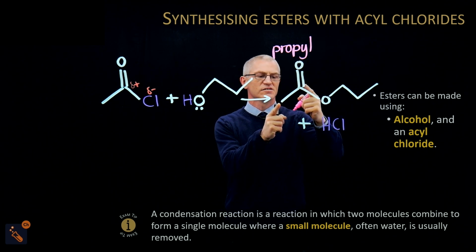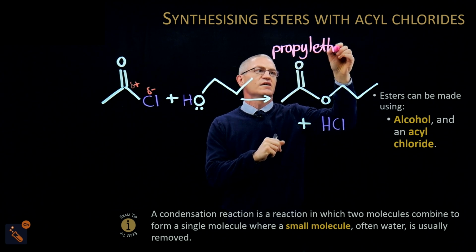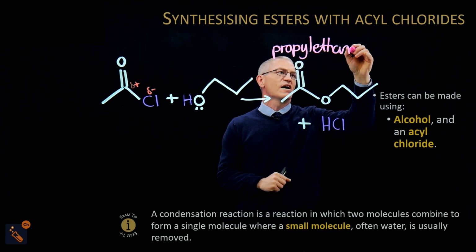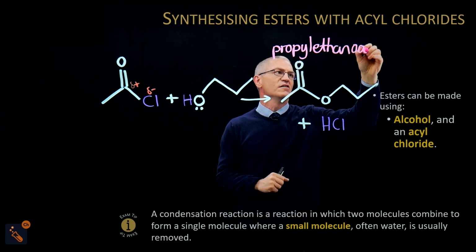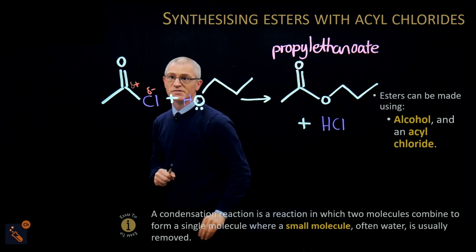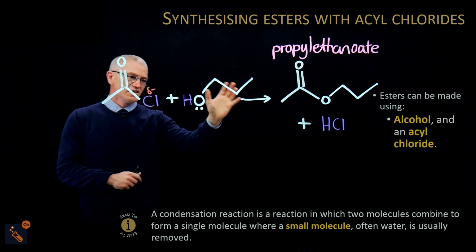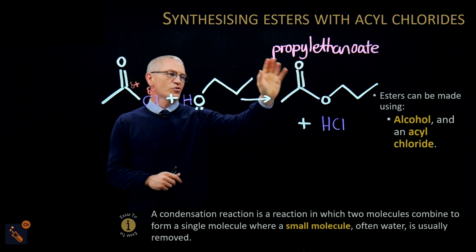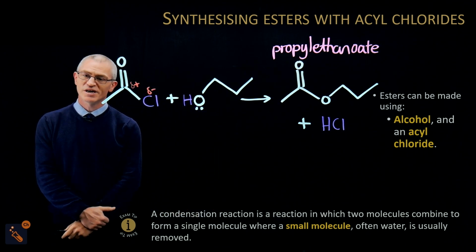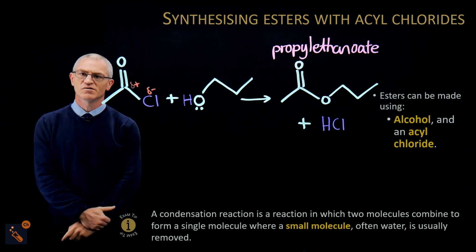Then we look at the stem, which is 2 carbons, so that would be ethan. And then we know it is an ester, so we end it in -oate. So that's propyl ethanoate. So we're going to take ethanoyl chloride, add to propan-1-ol, and make propyl ethanoate. And that is how you make esters using acyl chlorides.